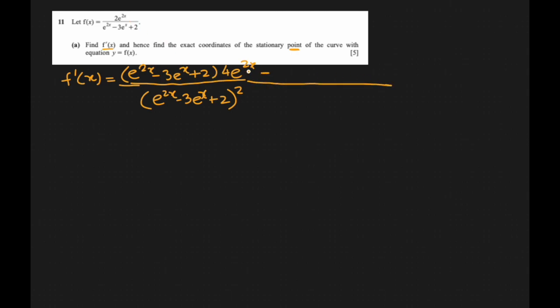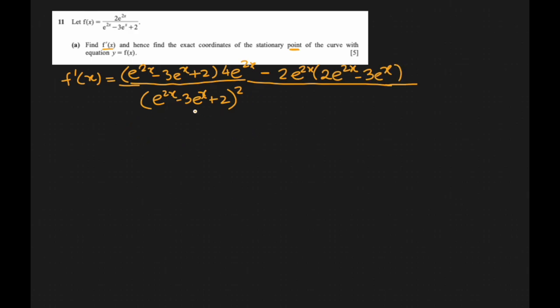This time the numerator will remain 2 e to the power 2x. Here the denominator remained the same and the numerator was differentiated. Now the numerator will remain the same and the denominator will be differentiated. The differentiation of e to the power 2x is 2 e to the power 2x. The differentiation of minus 3 e to the power x will be exactly the same, no change. And the differentiation of 2 will be 0, we will not write it.